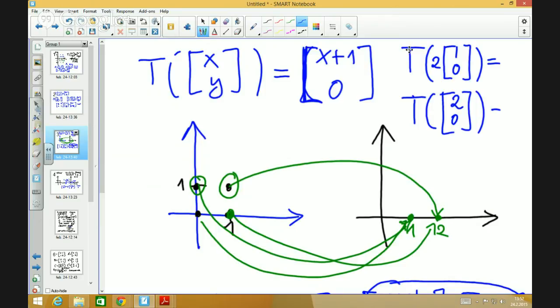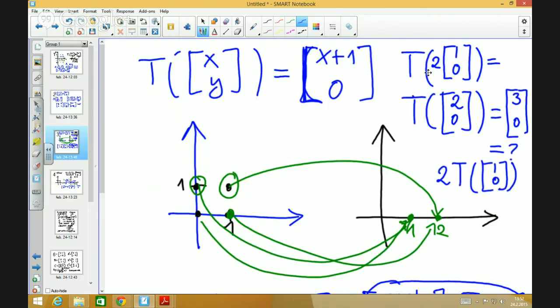And what is this? Okay, x is 2, so x plus 1 is 3. And this will be 0. Now, is there any chance that this is going to be equal to 2 times t of (1, 0)? Even without calculating what t of (1, 0) is.